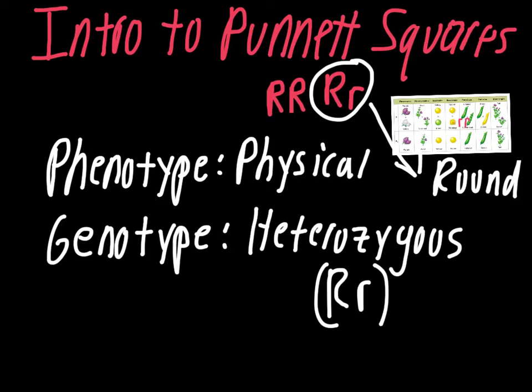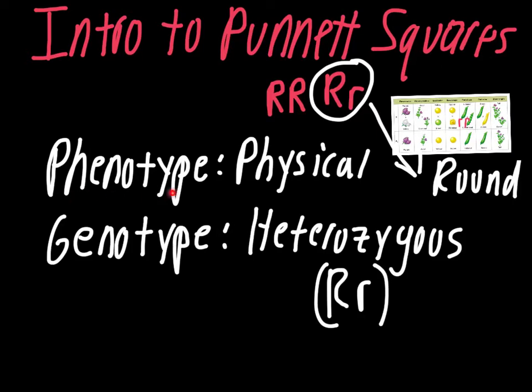The reason this is important is things can have one phenotype but a different genotype. For example, if we're looking at this individual, the phenotype here is still round because it has two capitals, so those capitals represent that it has two dominant traits, so it will have round peas. But since it's two capital R's, this one is no longer heterozygous. This one would be homozygous dominant, or capital R, capital R.